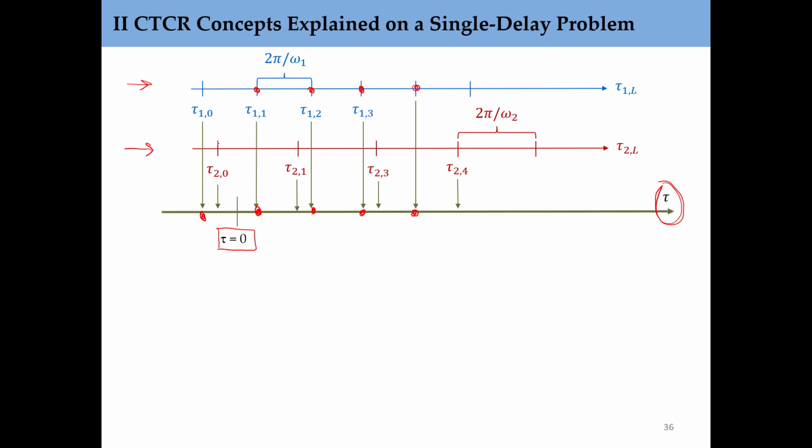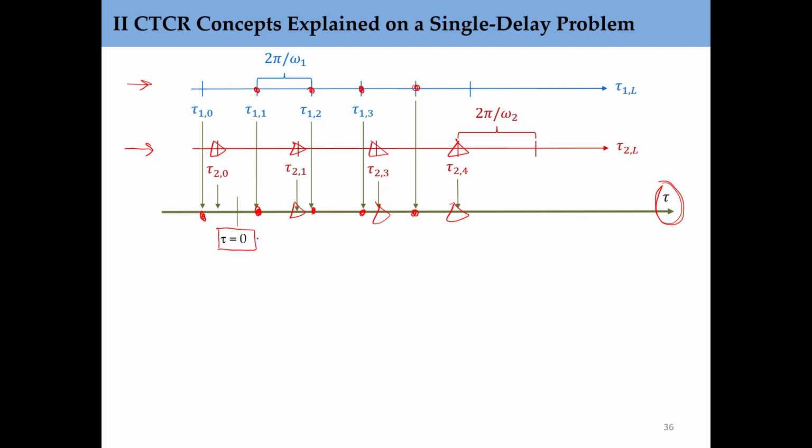Whereas if the red are happening less often, because their periodicity is large, because their omega-2 is small, then again they will be dropped onto this axis, and they will obviously appear less frequently than the blue ones.